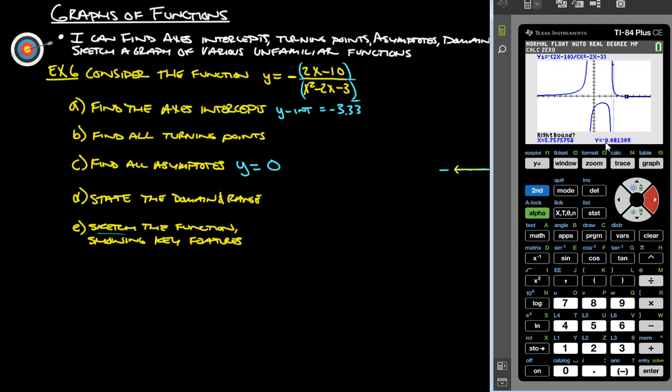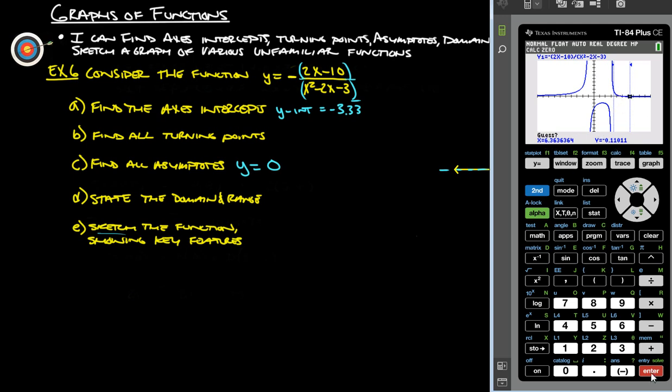I'm going to wait for this y. Look, the y has turned negative, so we know that it's crossed through here at some point. Now right bound, I'm going to push enter. It's going to look between these two lines to see when this graph has changed signs, which we know it did because it was positive and now it's negative.